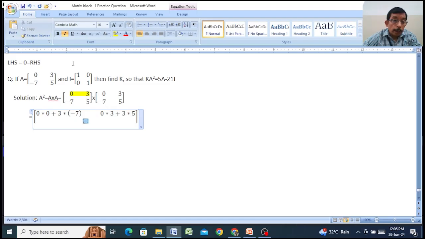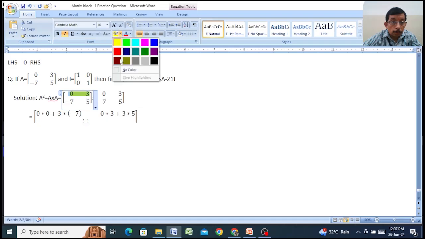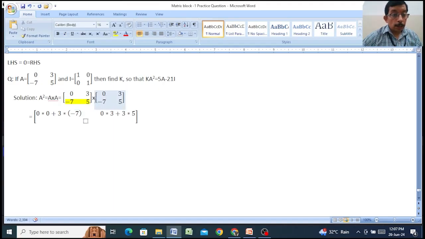now we take the second row elements. We take the second row and multiply by each column of the second matrix.